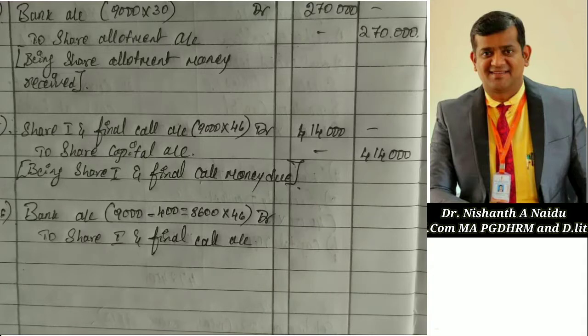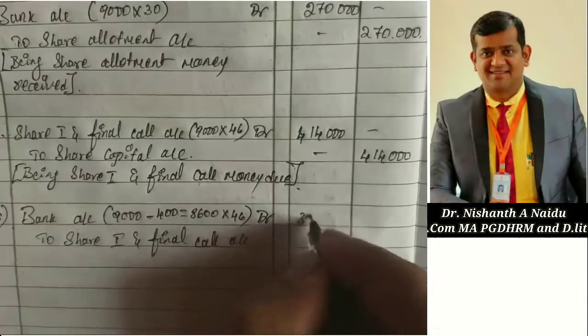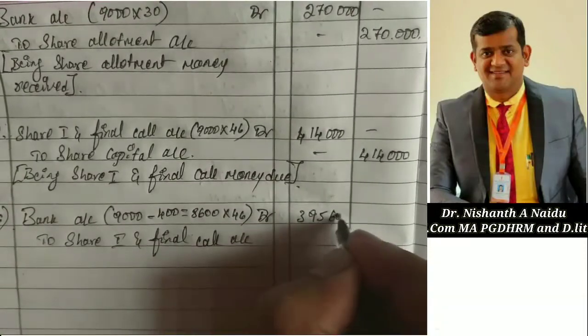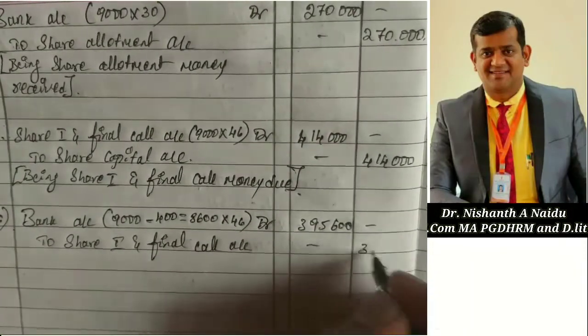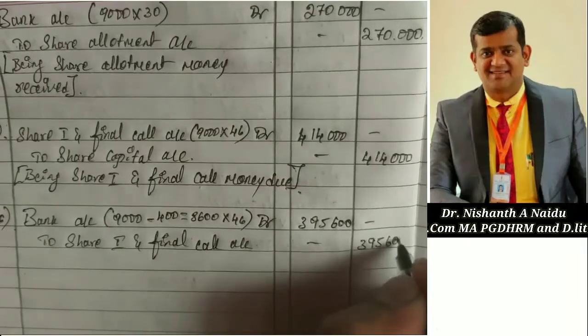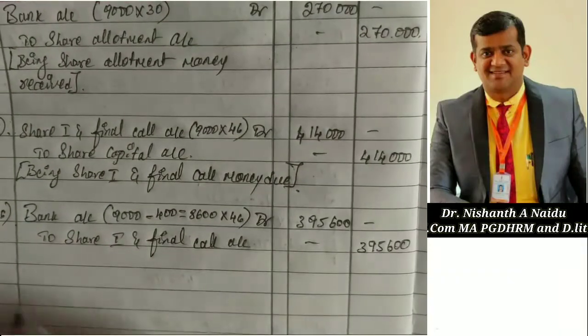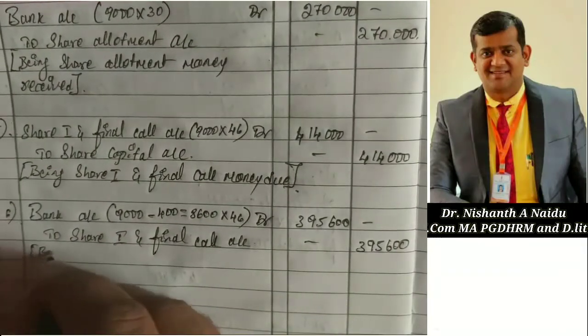So deduct that, and you get 8,600 shares. Multiply with the first and final call money, 46 rupees, and you get 3,95,600 rupees.